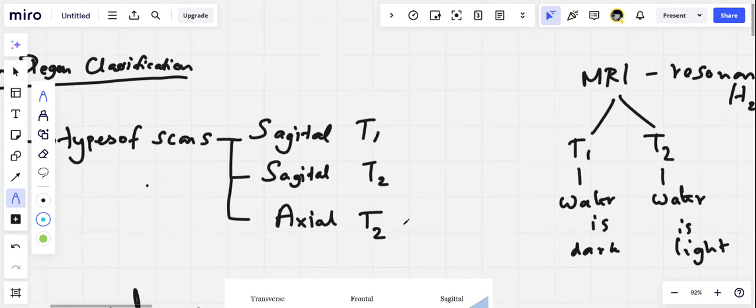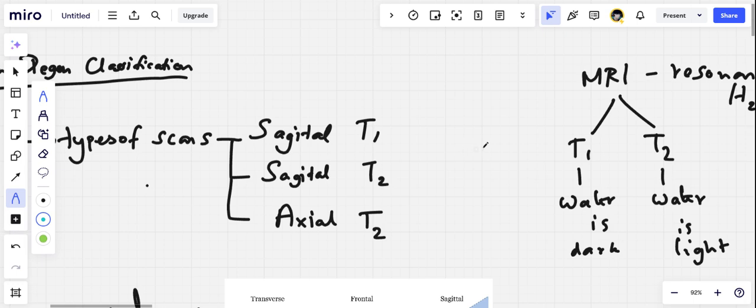We can see there are two sagittal scans here, T1 and T2. This axial is T2. This T1 or T2 generally describes the way the molecules interact with the scanner. For example, there may be different molecules or different densities in the human body which interact and give different scan images for different settings.